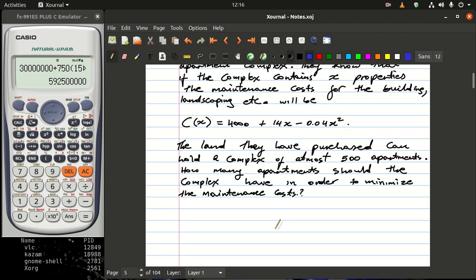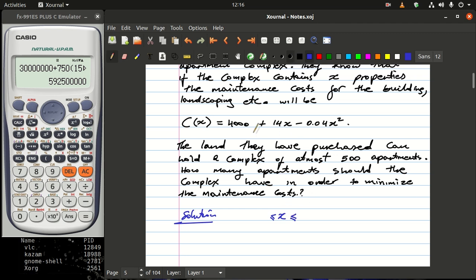Okay, again here we want to have a solution, right? So there are two scenarios here, and X represents the number of apartments. So we want to know what is the maximum number of apartments and what is the smallest number of apartments.